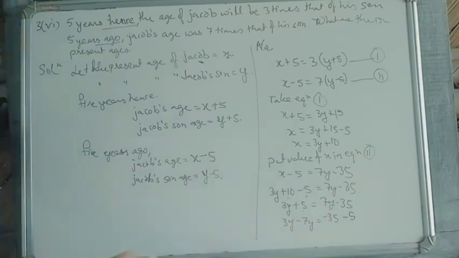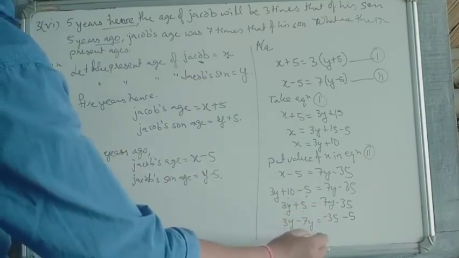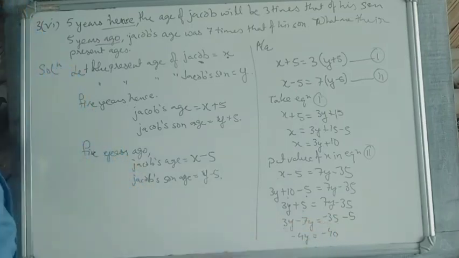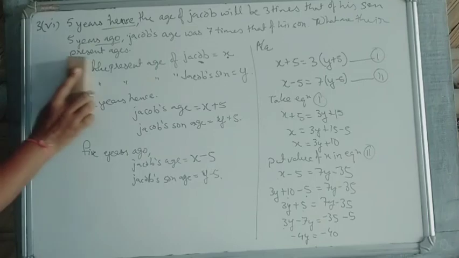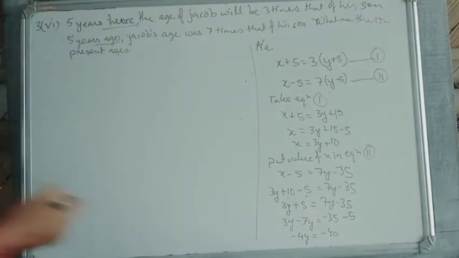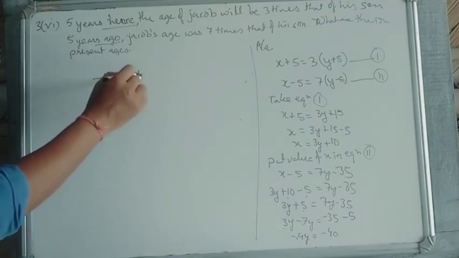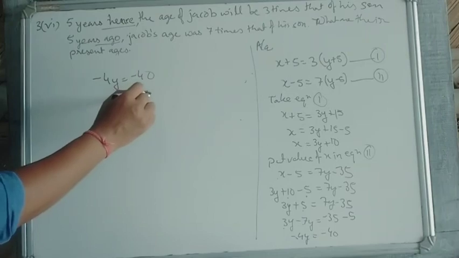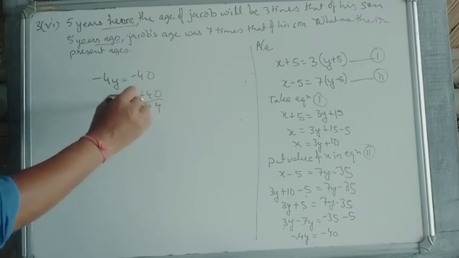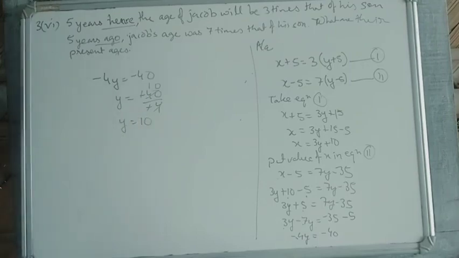So it will become minus 4y is equal to minus 40. So from here, y equal to minus 40 by minus 4, so 10. y equal to 10.